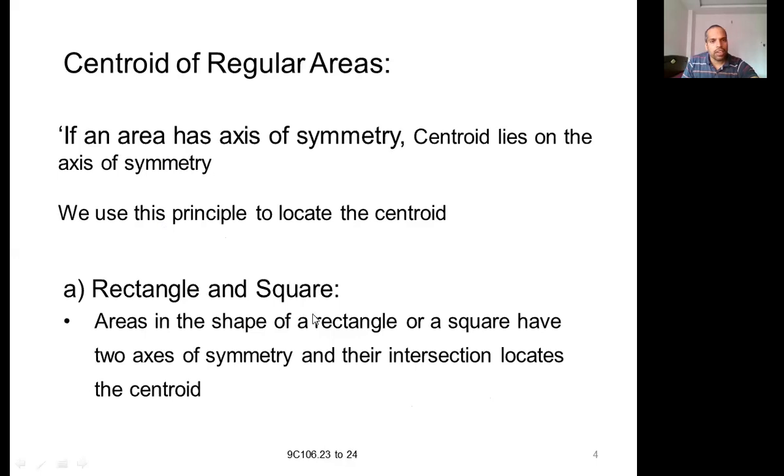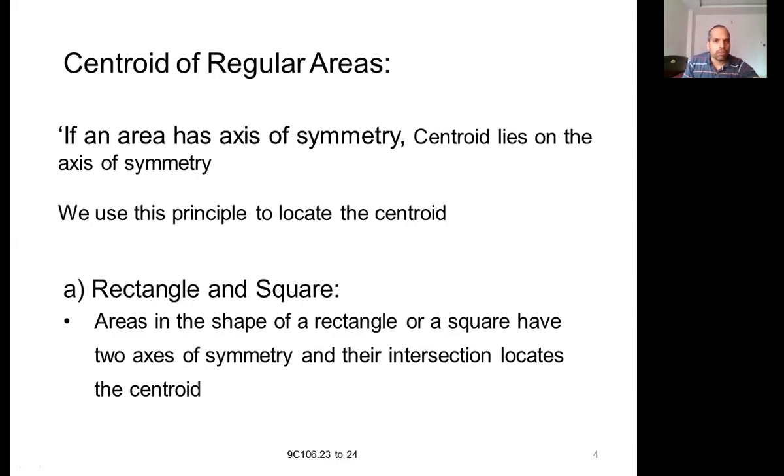Areas in the shape of a rectangle or a square have two axes of symmetry, and their intersection locates the centroid. That's what we discussed in the last class also. Rectangle and square have two axes of symmetry, like the central x-axis and y-axis, both passing through the center.